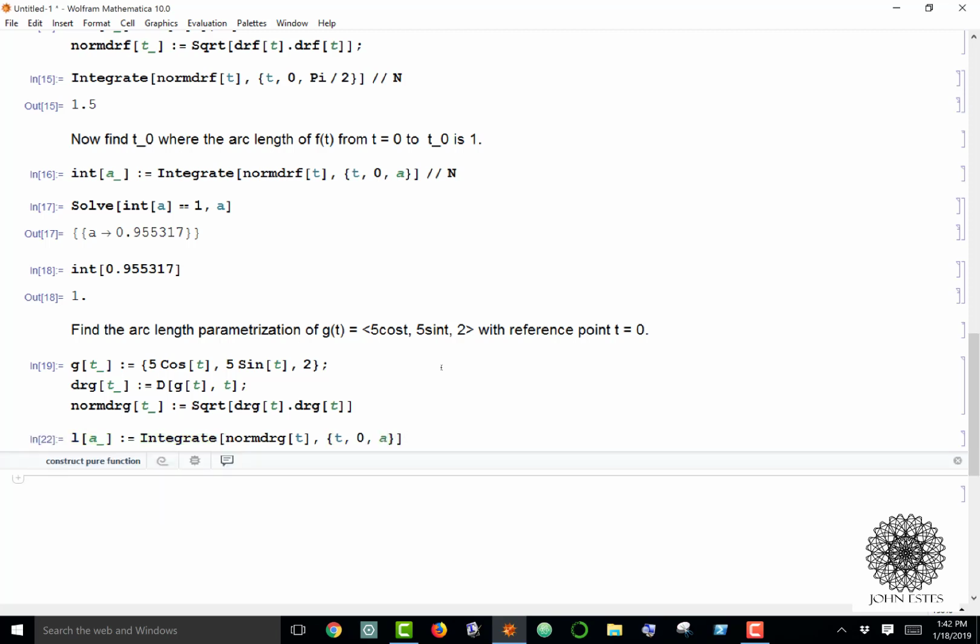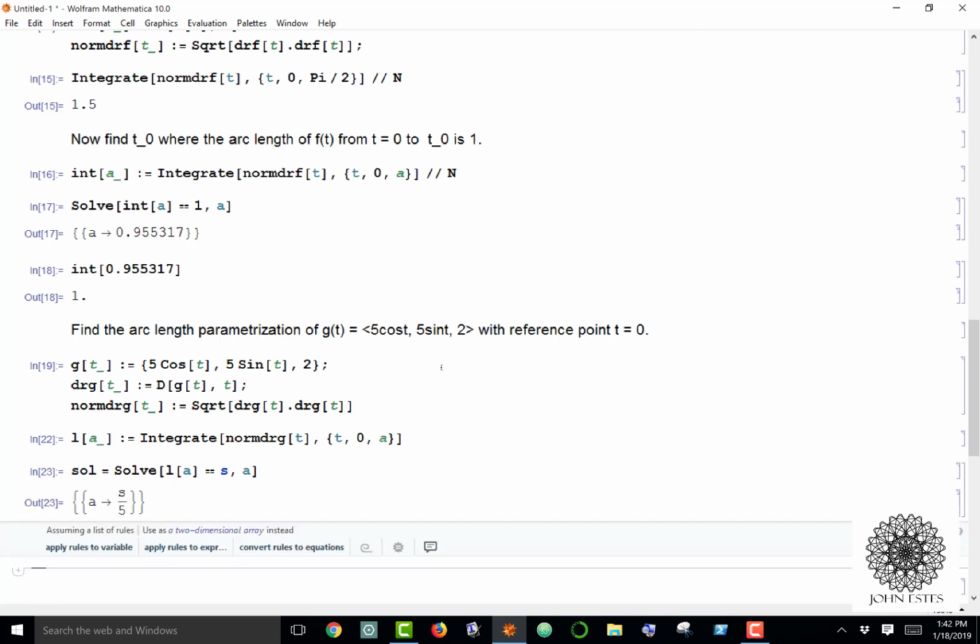Okay, now what I want to do is solve this function, set equal to s. Remember, s represents your arc length. So hopefully I can solve this function for a in terms of s. And there it is, s over 5.